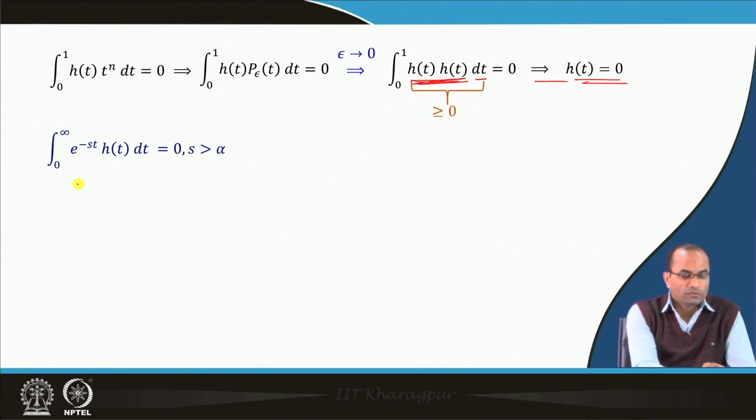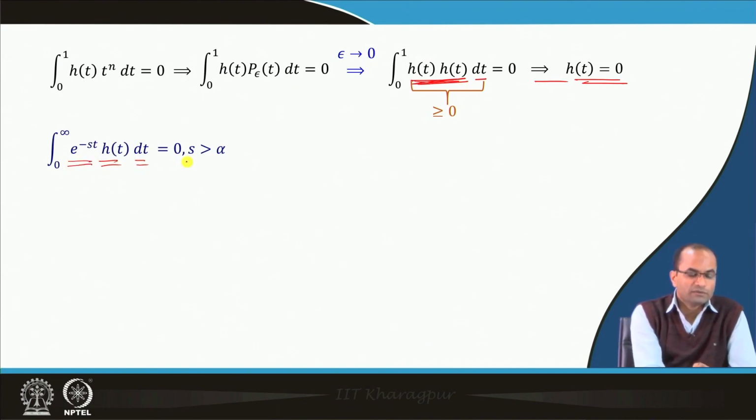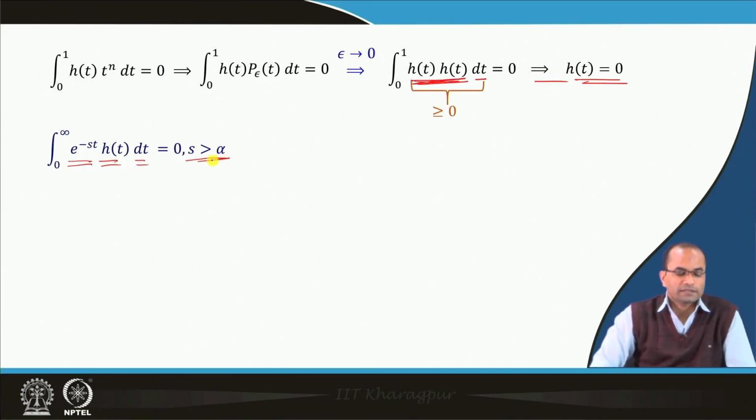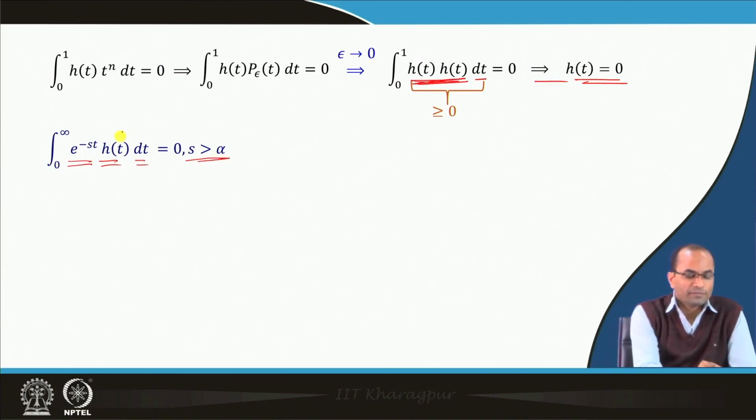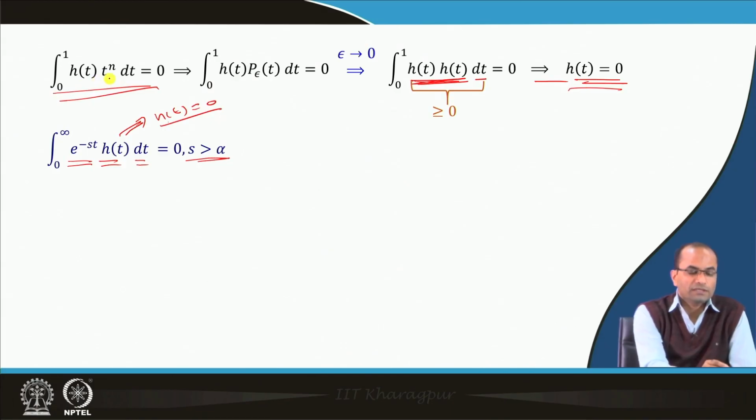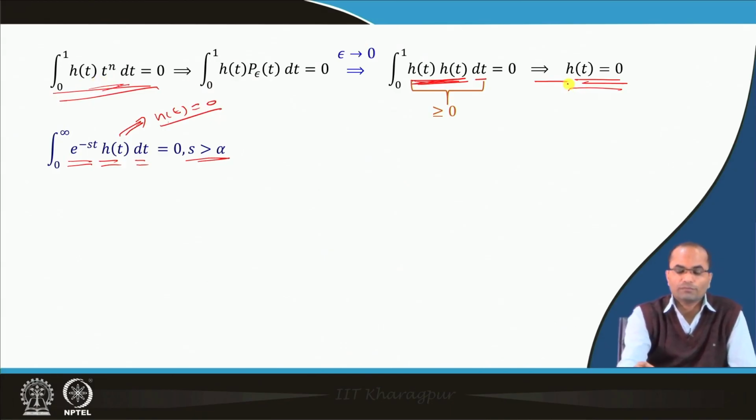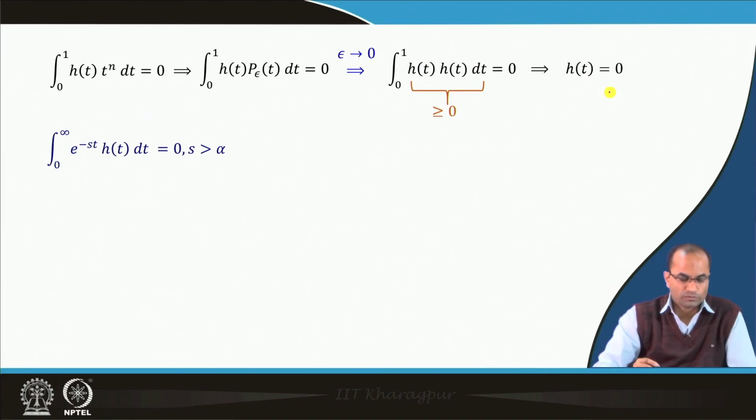So, what we now need to prove is that when we have the integral of e power minus s t h t dt equal to 0 for all s greater than alpha, then this implies that h t equal to 0. We will prove that now. We will use indeed this result, that the integral of h t t power n dt equal to 0 implies h t equal to 0.